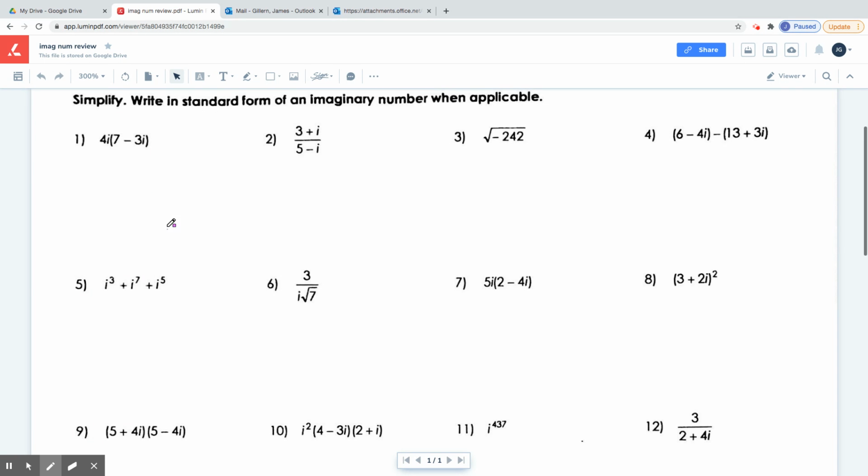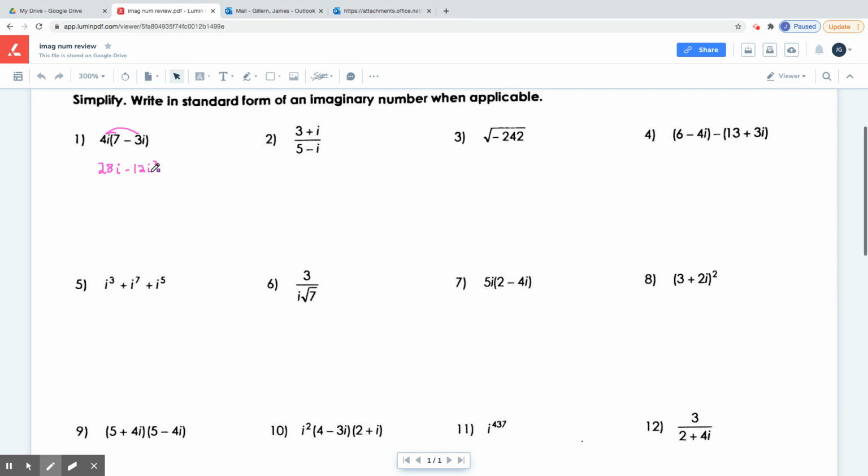So for number one, we are just going to treat this like any other problem. If it was x, we're just going to distribute. So 4i times 7 is just going to be 28i. 4i times negative 3i is negative 12i squared, just like x times x is x squared, i times i is i squared. Now remember, i squared is equal to negative 1.